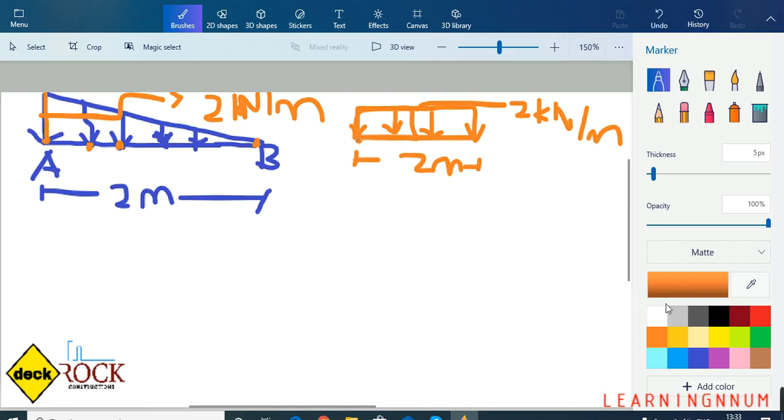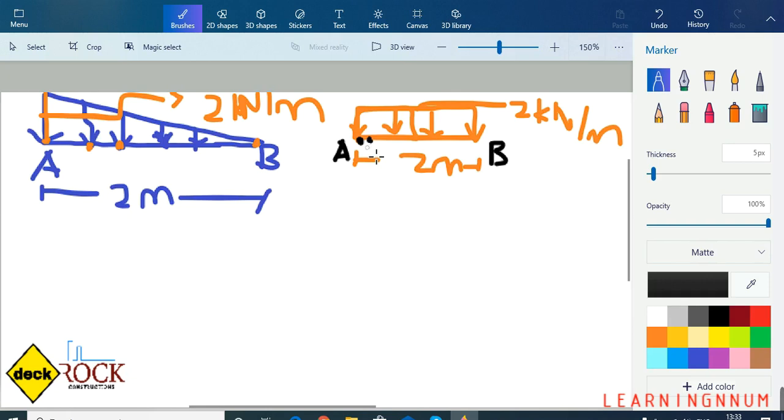Suppose this is point A. At A, how much load is there? 2 kilonewton, vertically downward. From A, at a distance of 0.1 meter, what is the load? 2 kilonewton.